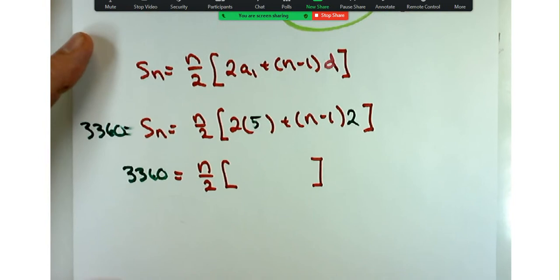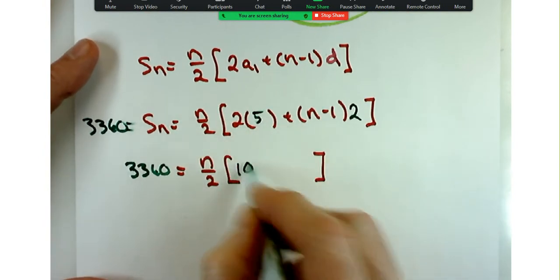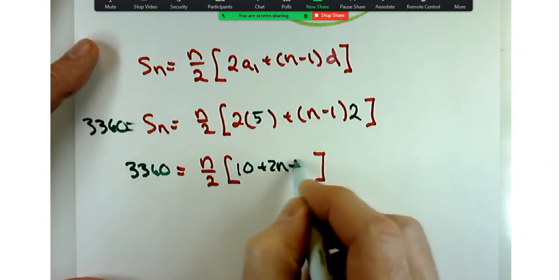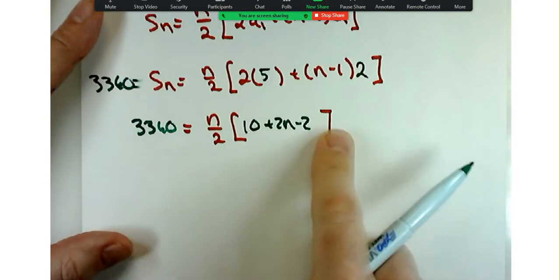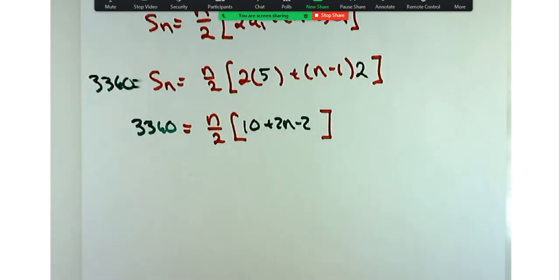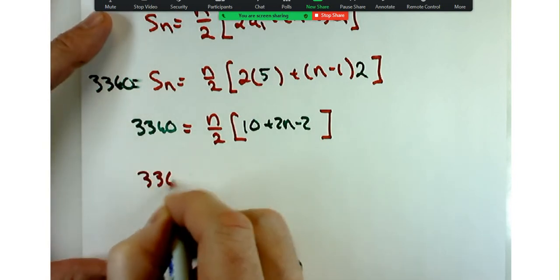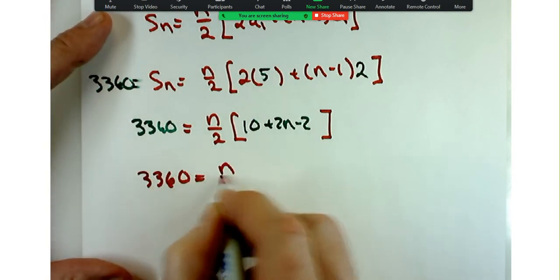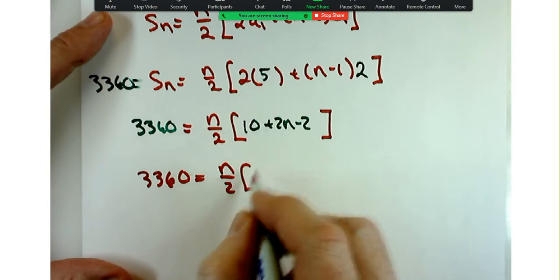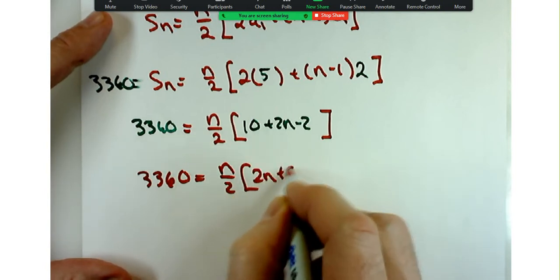That makes this 10 plus 2n minus 2. I can clean this up inside a little bit before I move on: 3,360 equals n over 2 times 2n plus 8.